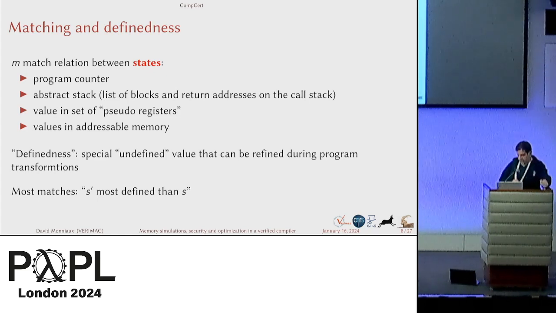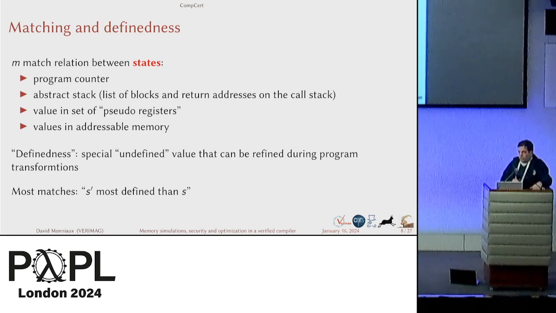One important point is that you may have undefined values. It's the vundef value, if you know the CompCert source code. And this undefined value may be refined by a transformation pass on the program. So if you have a program that generates somehow an undefined value, then the compiler is allowed to replace this undefined value by something else.